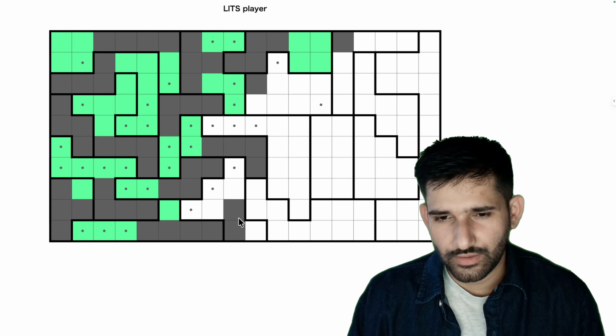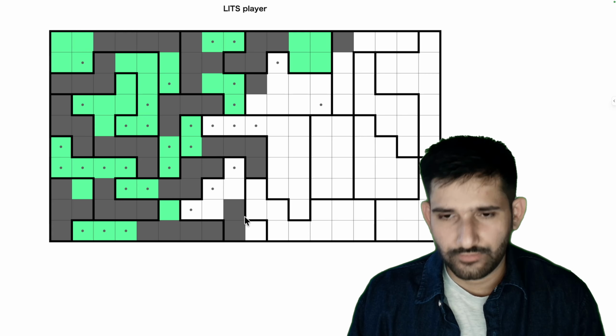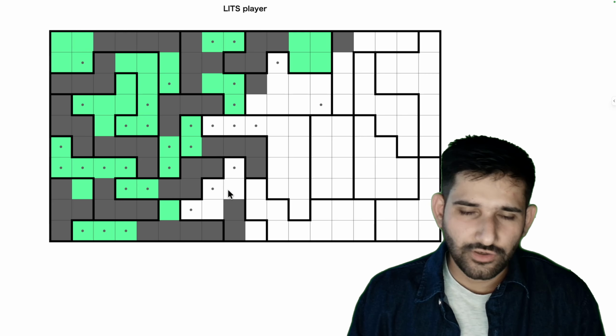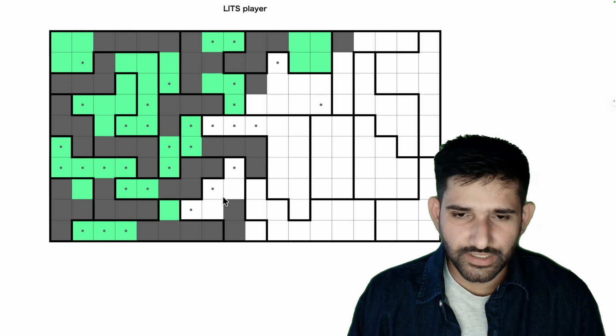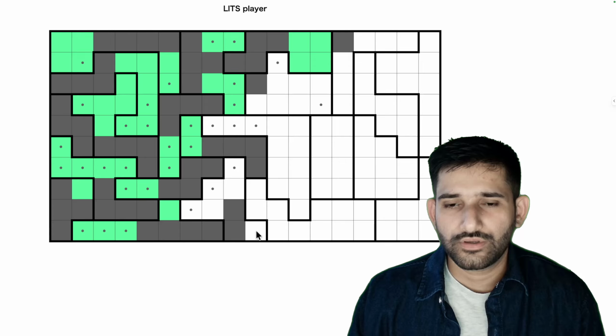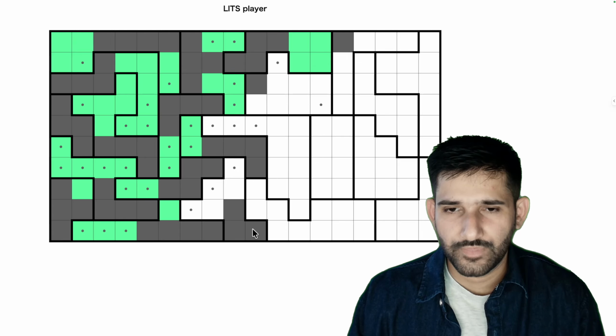There's no other way we can do it. Now, I cannot make a T by taking both of these cells because that's going to make a 2 cross 2 region again. So this one has to be there. So this is not here. So this is here. That's done.